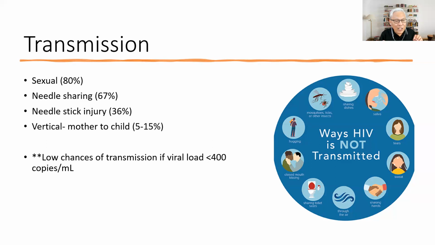The likelihood of you getting infected will be with the person with AIDS. So let's differentiate what HIV and AIDS is, because some people do not understand the difference between the two.